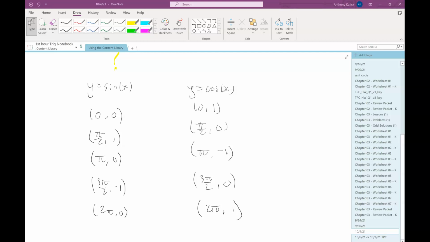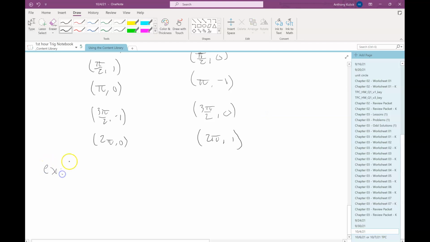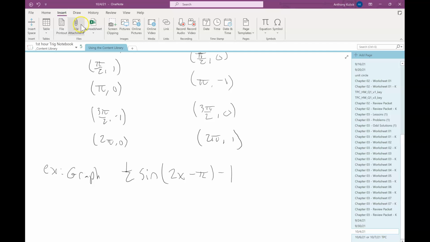So let's do an example here together. Let's say we want to graph 1/2 sine of 2x minus pi minus 1.